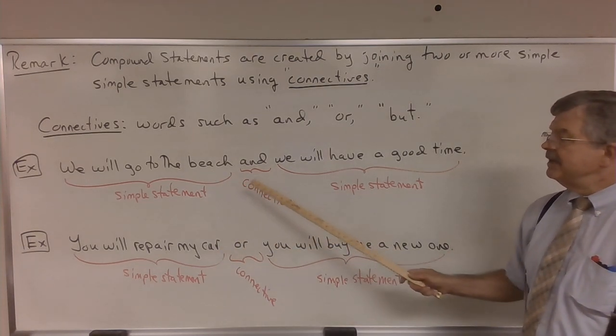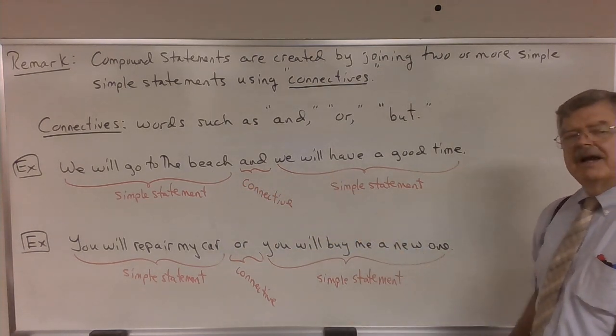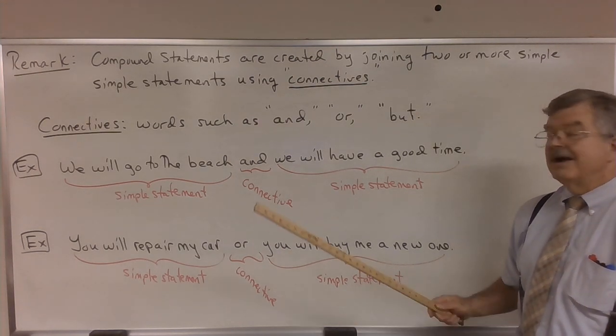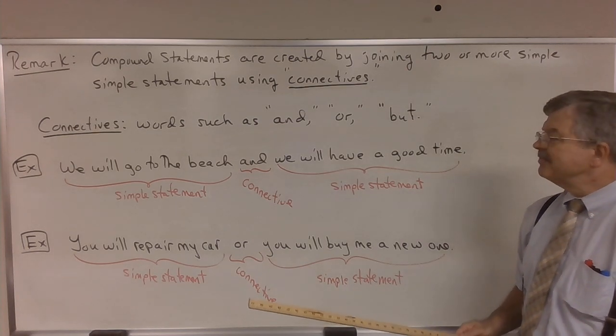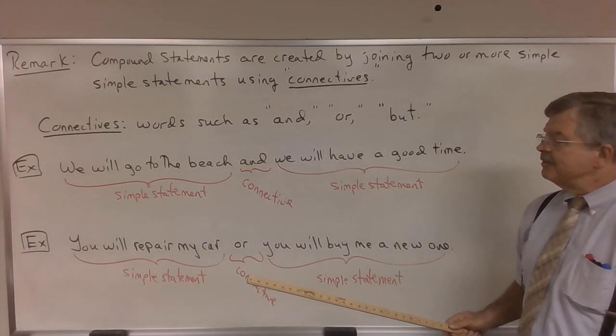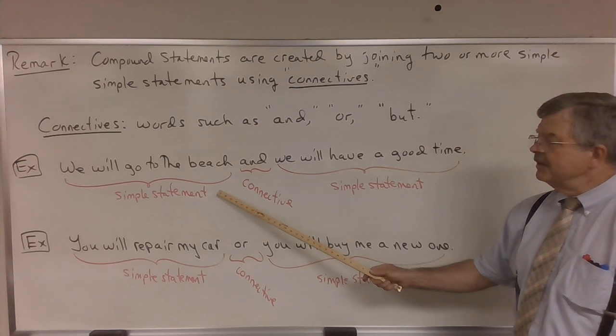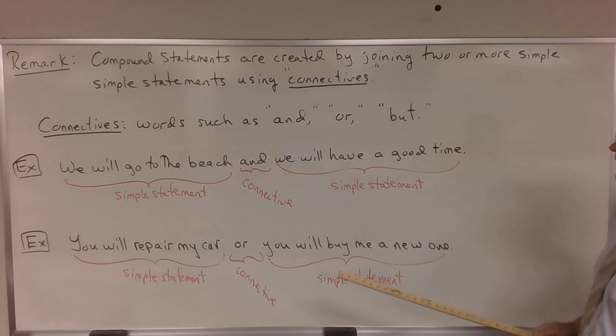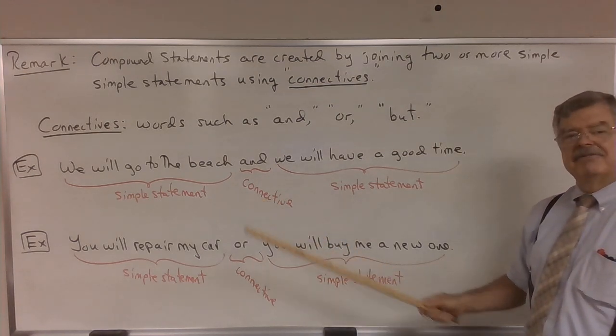We will go to the beach and we will have a good time is a compound statement, formed by joining the simple statement, we will go to the beach, and the simple statement, we will have a good time, by the connective and.